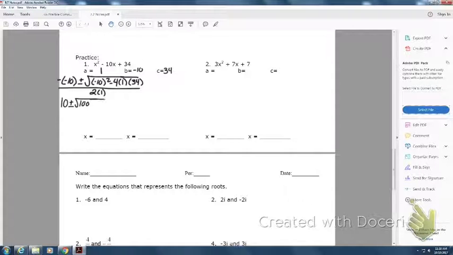Someone put that in the calculator. Tell me what it is. Negative 136. 100 minus 136 is what? Negative 36.